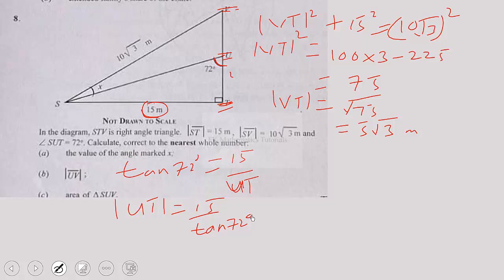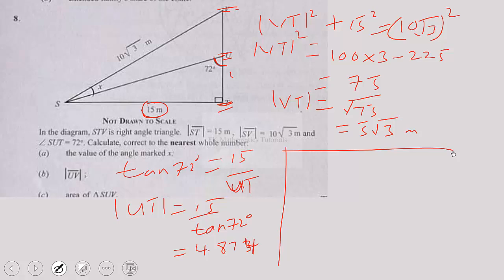So 15 over tan 72 should give you 4.873 or 874.